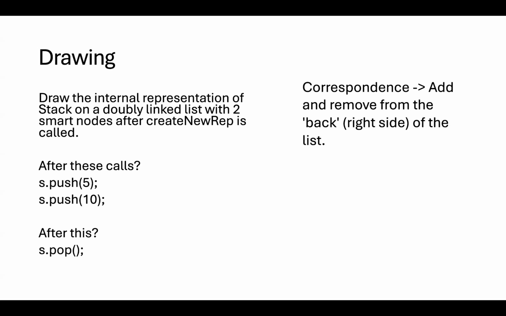Let me make it a nice box. Oh, that's too big. All right, so our node is going to have a next, prev, and some data. Instead of a question mark, the data is going to be 5.